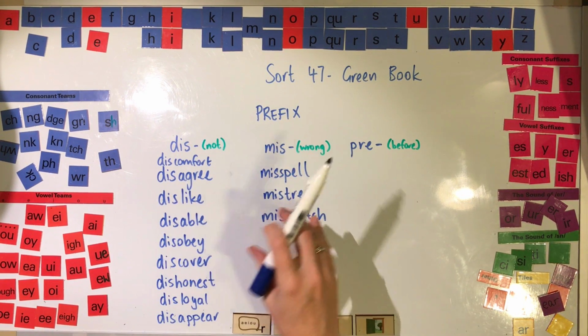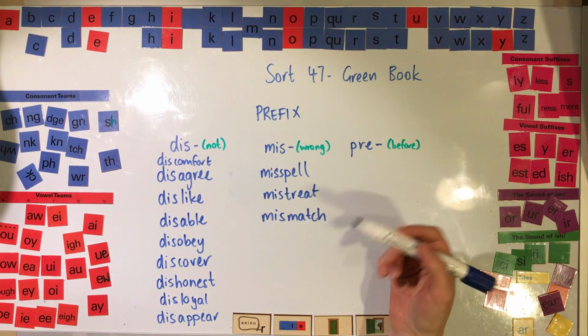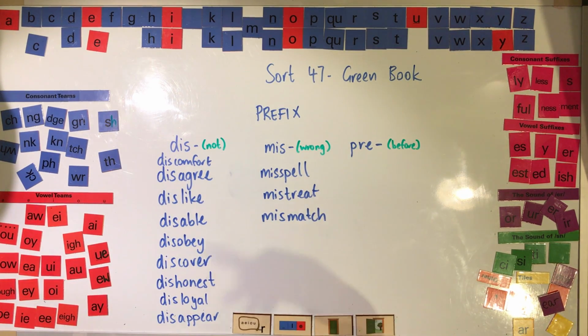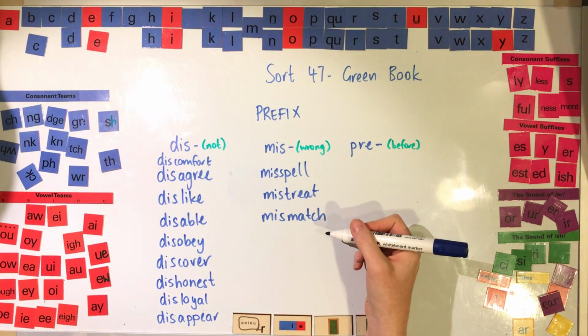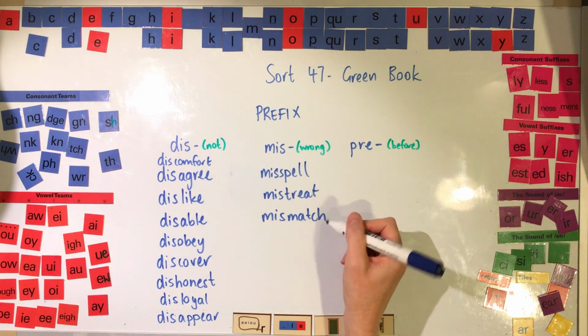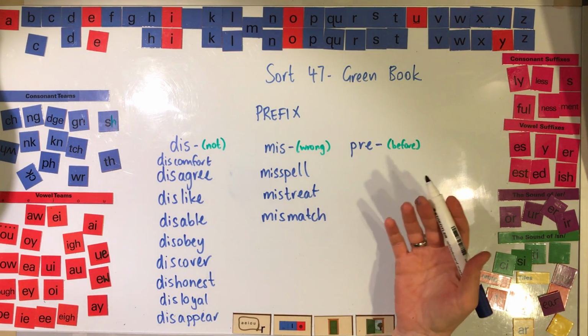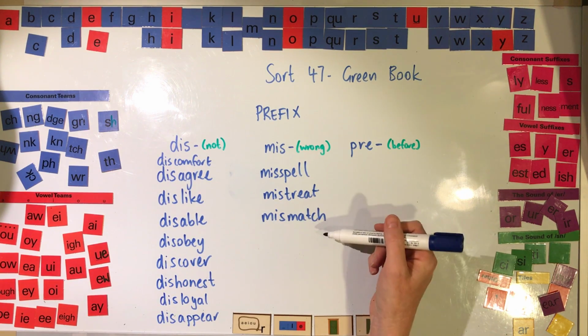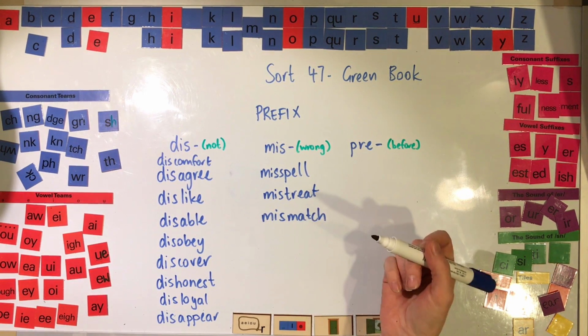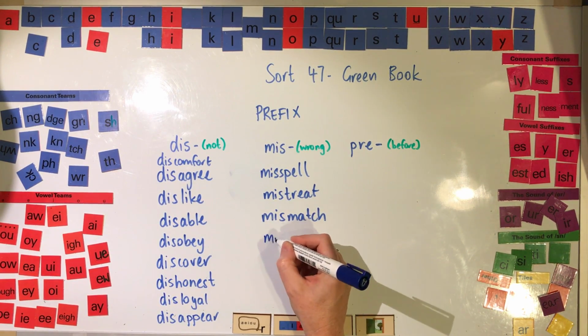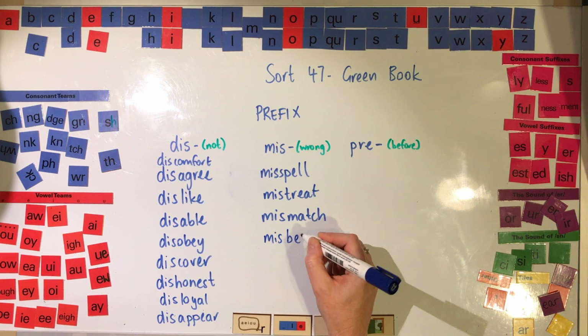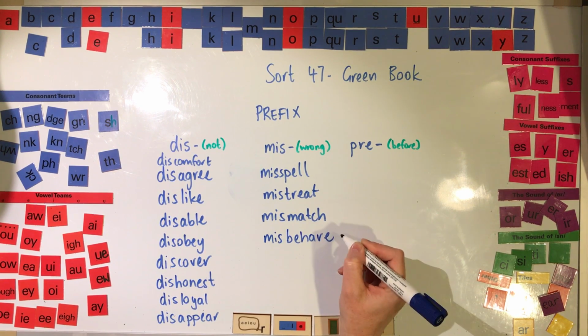So some prefixes do belong with some words, although some you can mix and match. But you sort of have to go by what sounds right, because it's probably just what you're used to hearing. So hopefully you can tell that dismatch just doesn't sound right, or even unmatch doesn't sound right, but mismatch sounds correct. Misbehave means you're behaving wrongly.